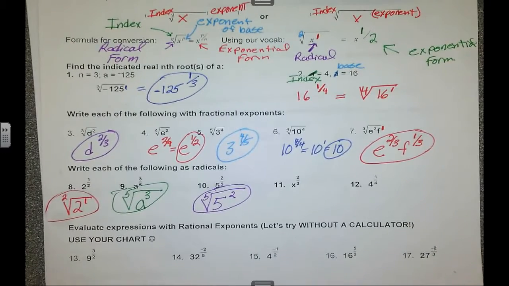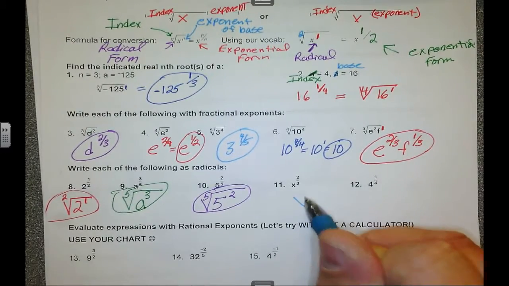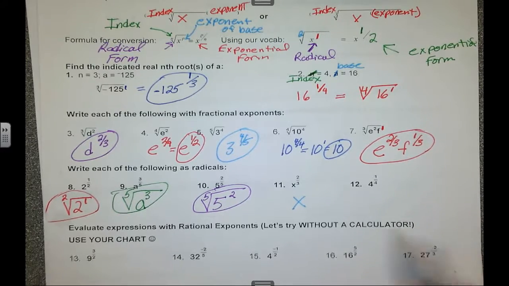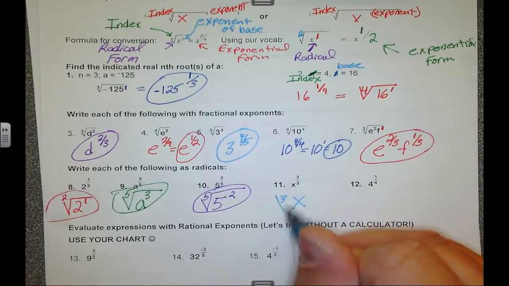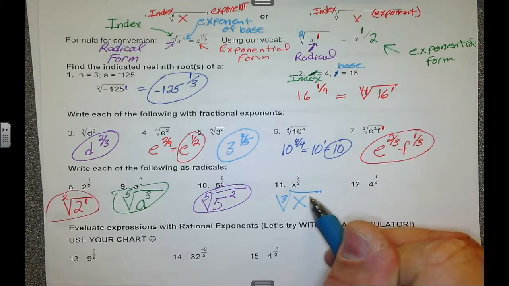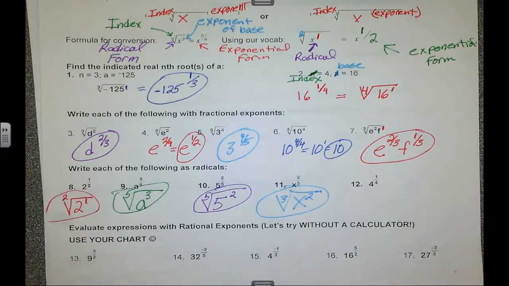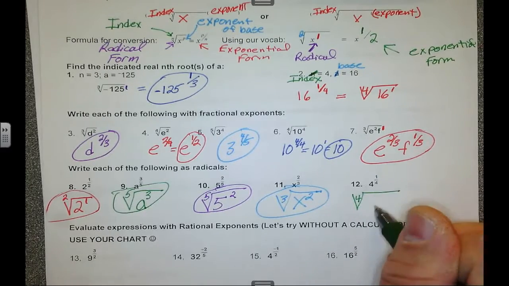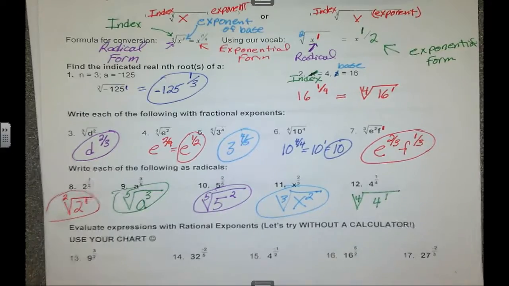Bases never change. This is order. How do you write it? Oh, okay. All right. So 3, then the thing, then do you write the base? And then the exponent? Okay. So number 12, you would write the 4, the radical, then the base, then the exponent. Fine.